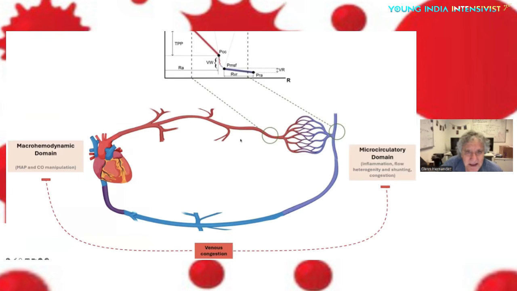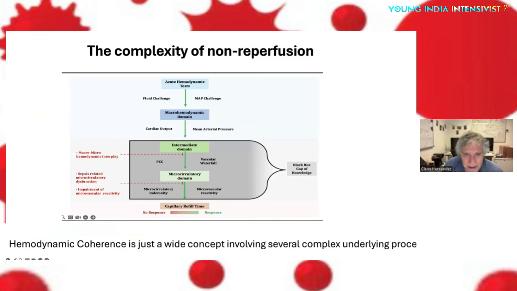Because in this interplay, a patient cannot eventually recover capillary refill time, even if you apply a fluid challenge or a MAP challenge, manipulating the macro-hemodynamic domain. We saw until recently that if a patient did not improve capillary refill time, this was because of sepsis-related microcirculatory dysfunction.